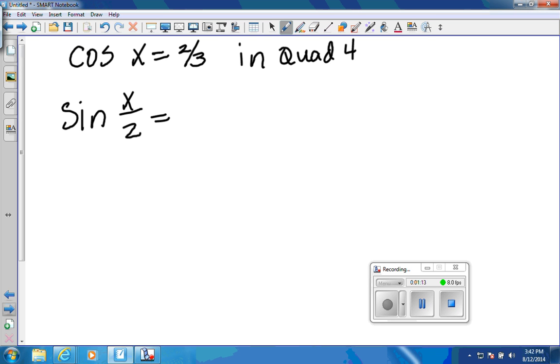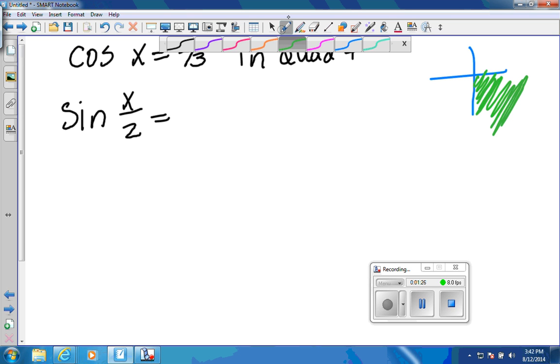Next one here, it says cosine of x is equal to 2/3, and it is in quadrant 4, meaning it's here for an angle. And in that quadrant, cosine is positive, and sine is negative, and tangent is negative.